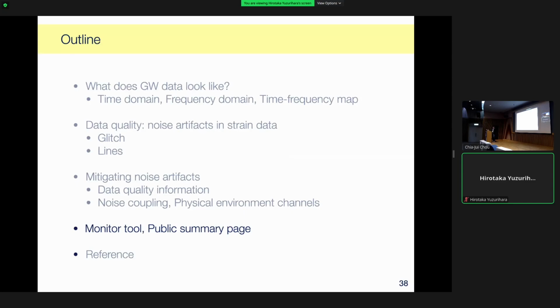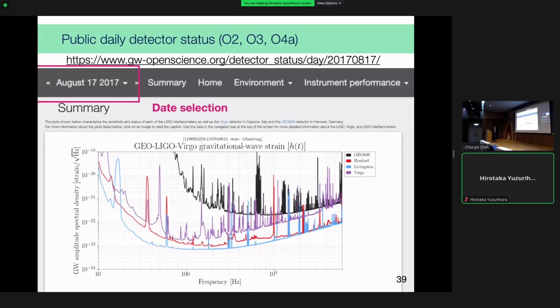The final topic is monitor tools. This kind of public daily detector status page is available online. Please visit the top web page.